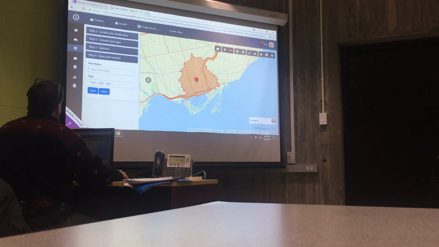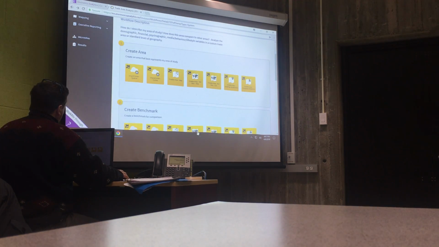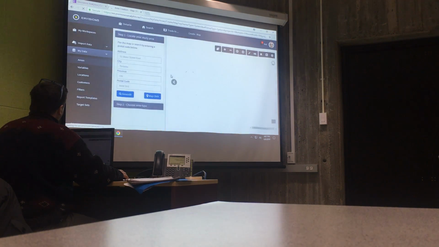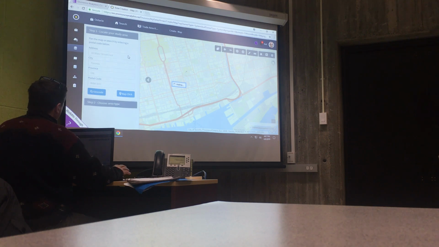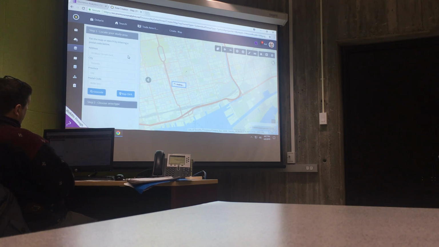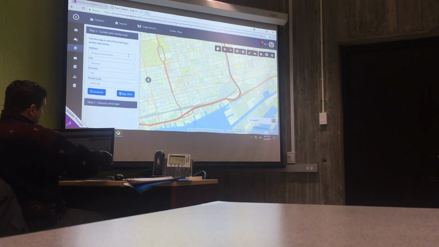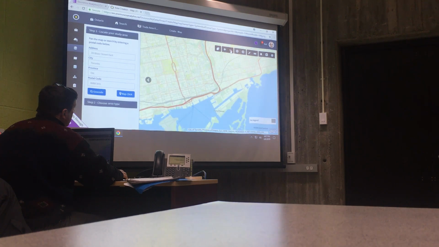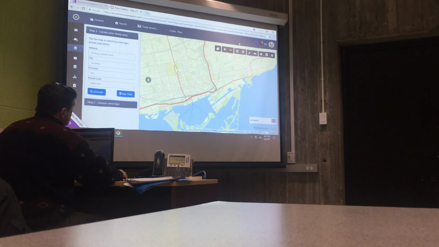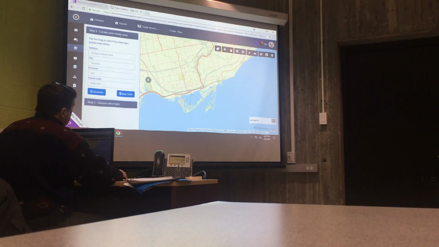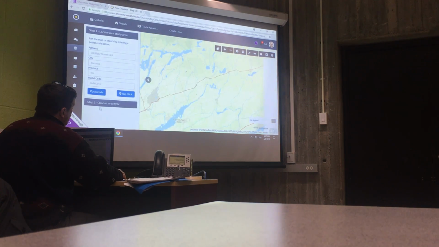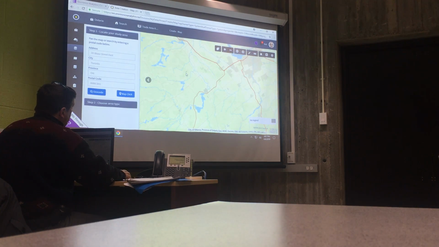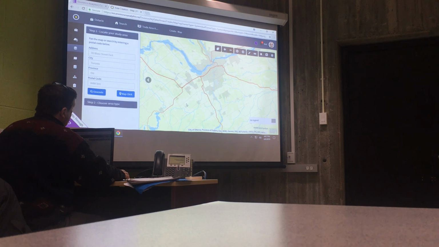Okay, so the other kind of area map is where you are given an address, and you need the postal code. I should add here as well, this is downtown Toronto, we're doing Ottawa, so you could go up to Ottawa like this, and choose the location in Ottawa.